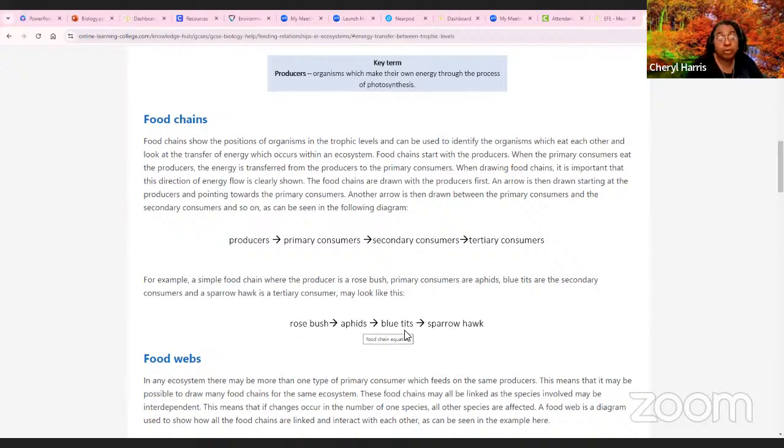And then you have the birds that eat the aphids. And then you have the bigger hawk that eats the little birds that are eating the aphids that are sitting on the rose bush eating up the leaves. So there's an order to this. The thing at the top is feeding on the thing underneath it. But the arrows go in the direction of energy flow.